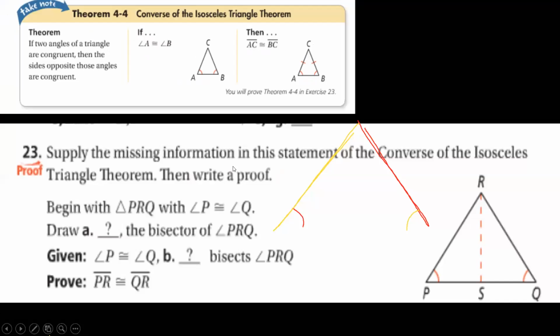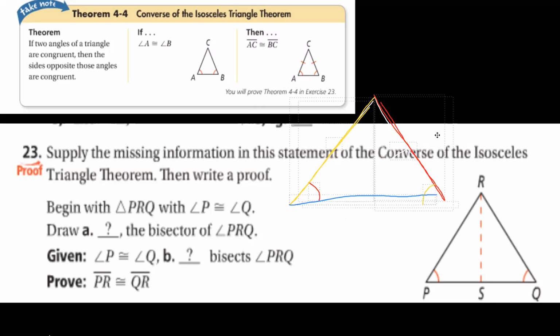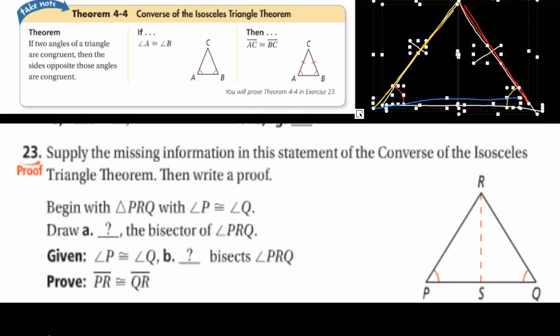And then we talked about another one. If you have this triangle here, okay?